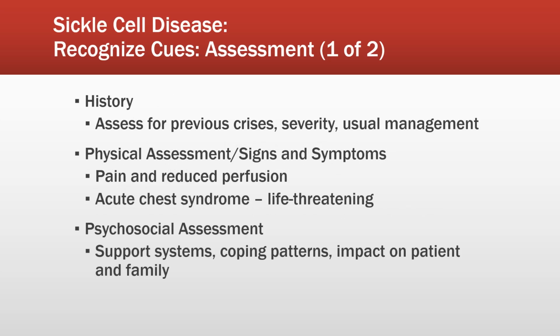When we are admitting a client, a patient with possible sickle cell disease, we have to conduct our assessment, and part of that assessment is getting a history, doing the physical assessment, and a psychosocial assessment. Now, history is going to give you a lot of information. It's going to tell us about previous crises and what are some factors that precede the crisis.